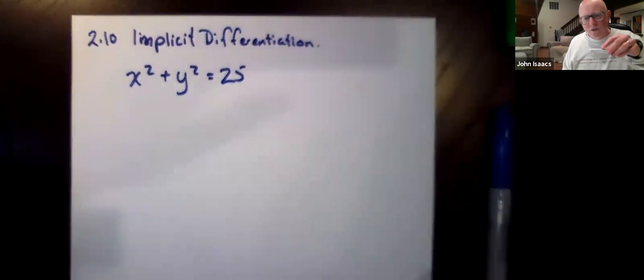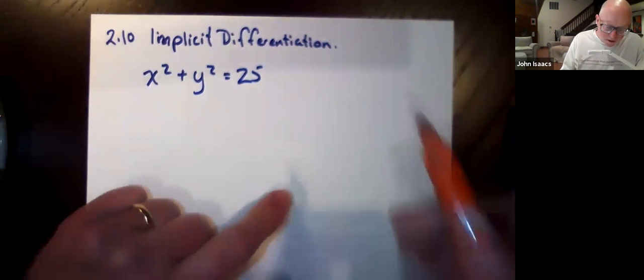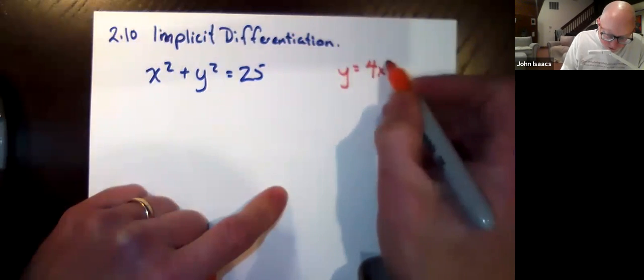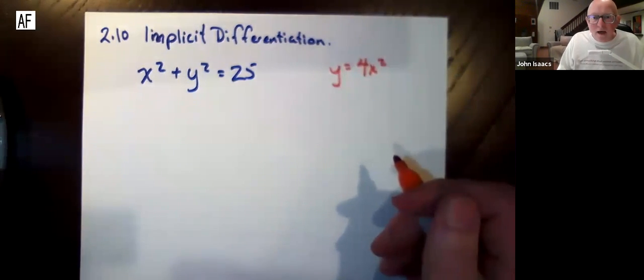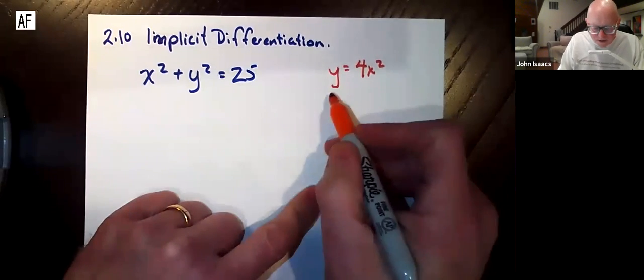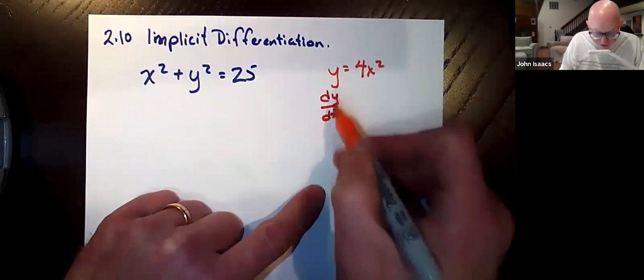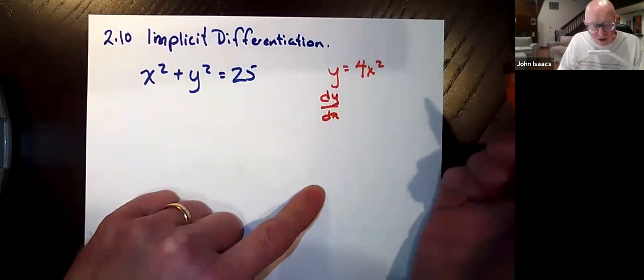When we do differentiation, normally we would have something like y equals 4x squared, let's say. And in doing that, we have the dy dx, that's the derivative of y in terms of x. This function is in terms of x.